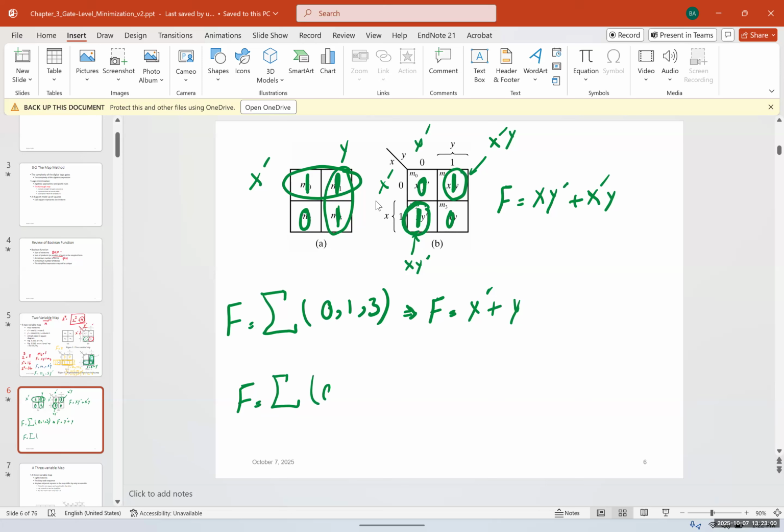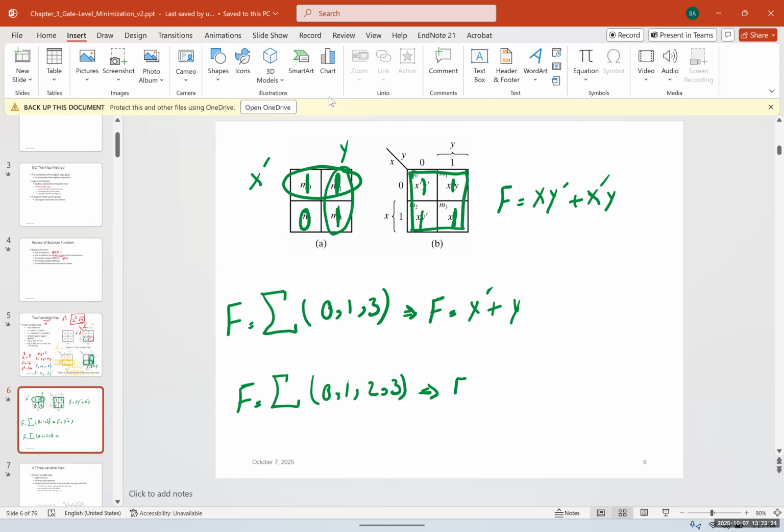What if I have the sigma of 0, 1, 2, and 3? I can combine all 4.